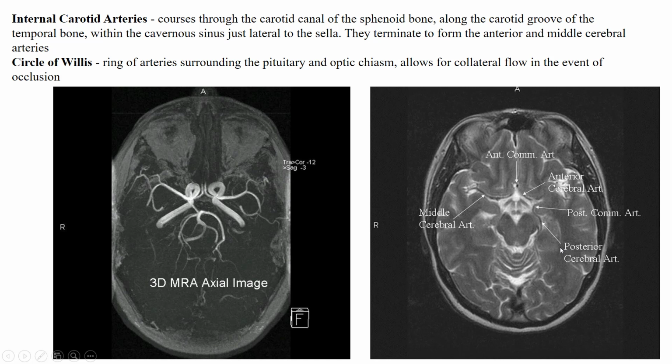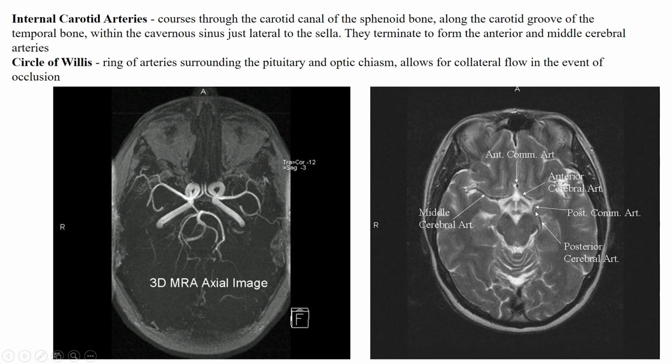I like this image on the right because it shows you how small the area of the circle of Willis is. So we've got the cerebral peduncles here, and you know the pons is just inferior to that. So your basilar artery would be here, and your anterior communicating artery here. So your circle of Willis is just this area around the sella and the pituitary. It's a very small area.